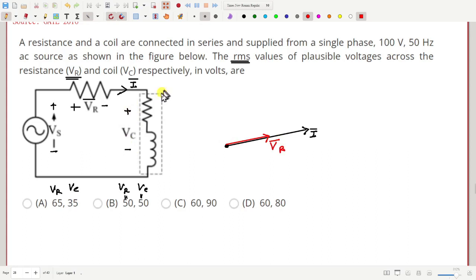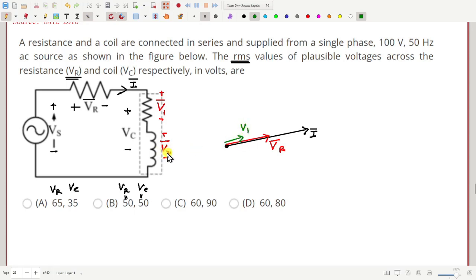And then how will the voltage VC be? If you want, we can break this VC into 2 parts. Suppose this is V1 across this resistance, and this is V2. Then V1 is again in the same direction as the current, so maybe this is V1.